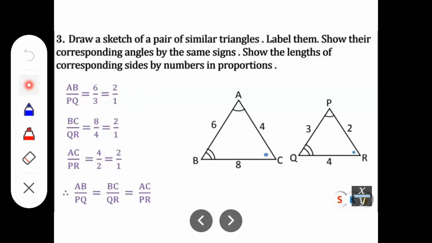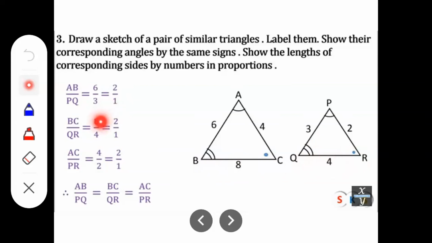So we take the value 6 for AB, and the value of PQ should be 3. Now for the next ratio, BC is 8. If BC is 8, then QR will be 4, just half of the first value.